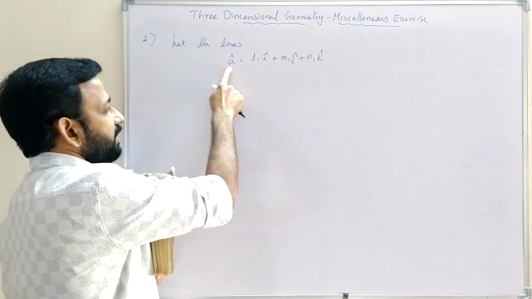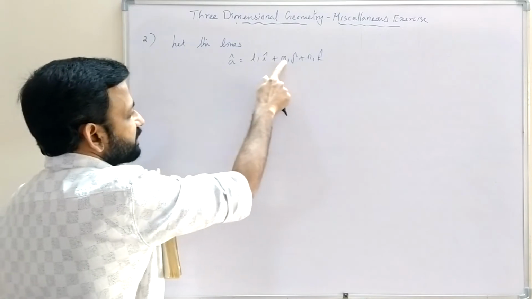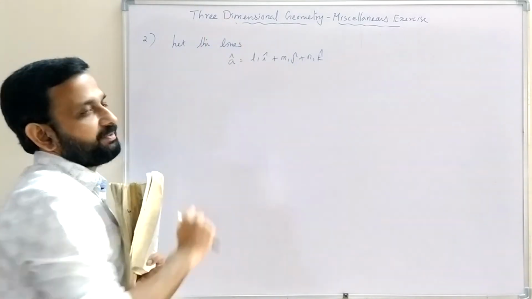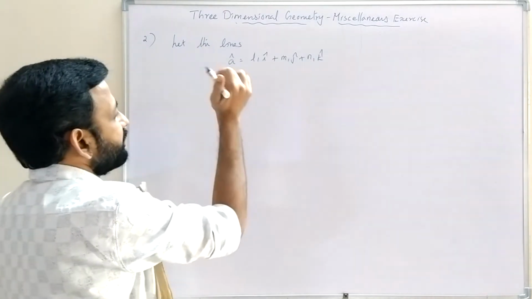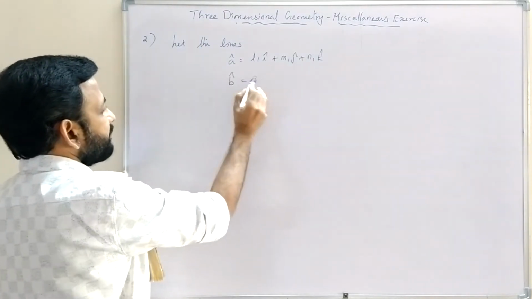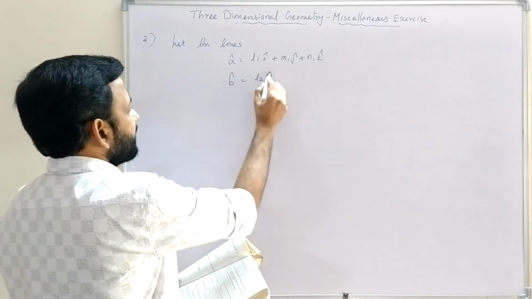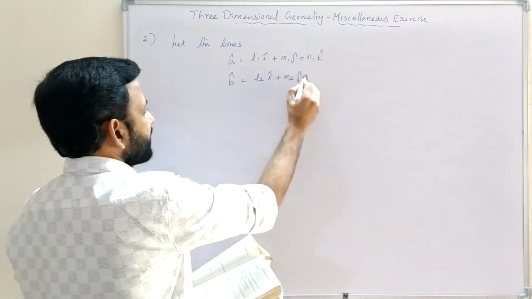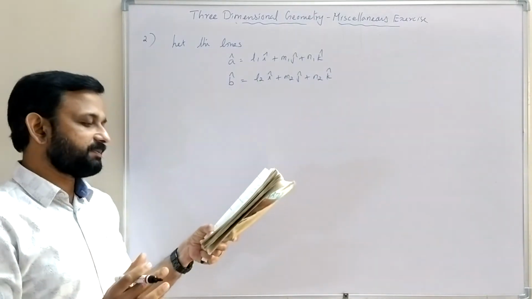Therefore, this vector will be a unit vector, and if they were direction ratios, then it would not be a unit vector. So here it's given direction cosines, so that's why we are writing unit vector. Similarly, the second vector is L2 i cap plus M2 j cap plus N2 k cap, and they are mutually perpendicular vectors.